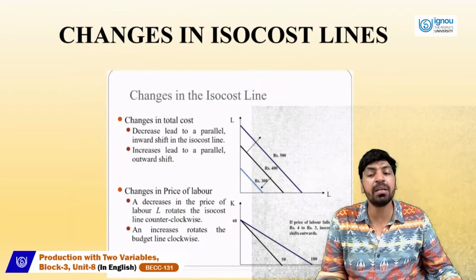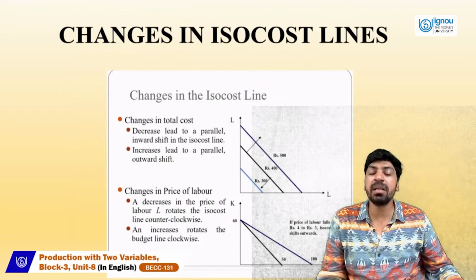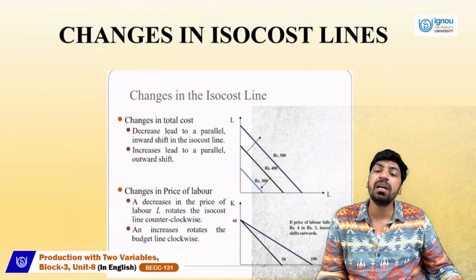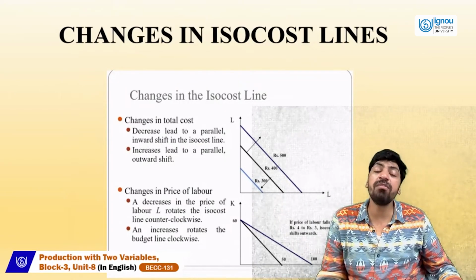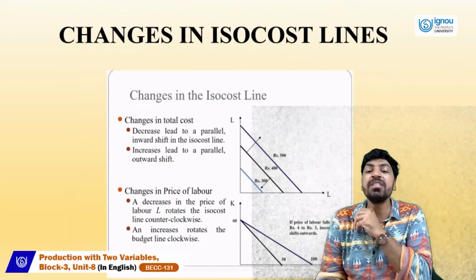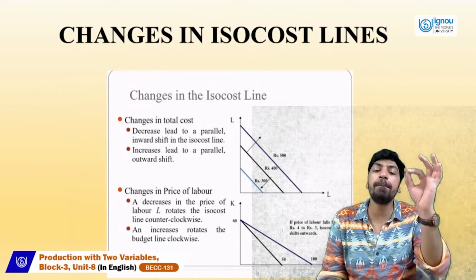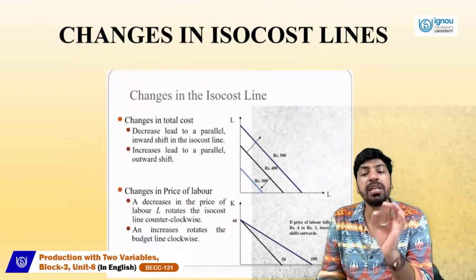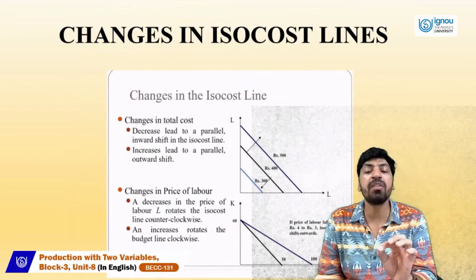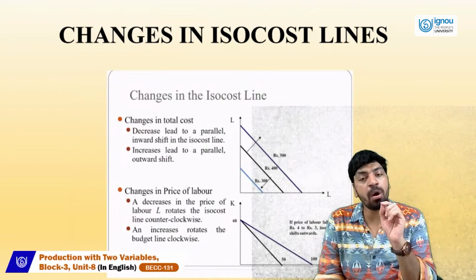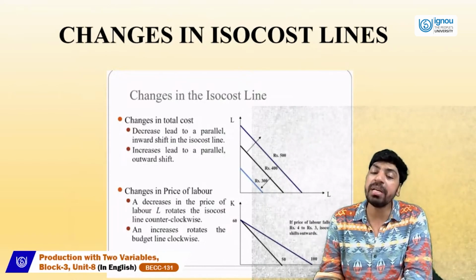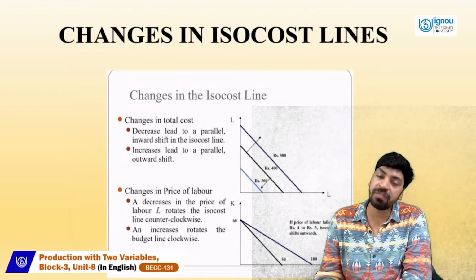So if the labor price falls from 4 to 3, the isocost line shifts outwards and it begins from the same original budget line. So if the original budget line is 50, the isocost line will also shift outward, beginning from the original isoquant curve, that is 50.